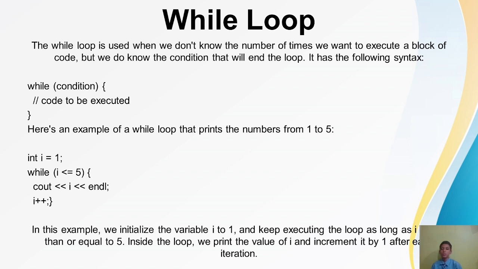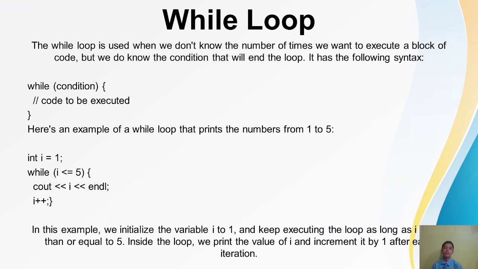In this example, we initialize the variable i to 1. We keep executing the loop as long as i is less than or equal to 5. Inside the loop, we print the value of i and increment it by 1 after each iteration.